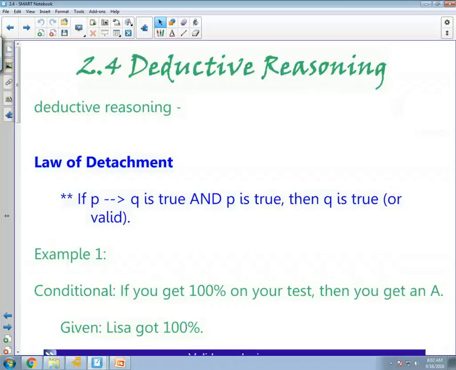2.4. Oh, your wrist hurts. You didn't do your homework last night. So today is called deductive reasoning. And remember, I promised yesterday that if we made it through 2.4, your writing would decrease drastically. So here's the day. We're going to make it through 2.4. Writing will decrease drastically after today.